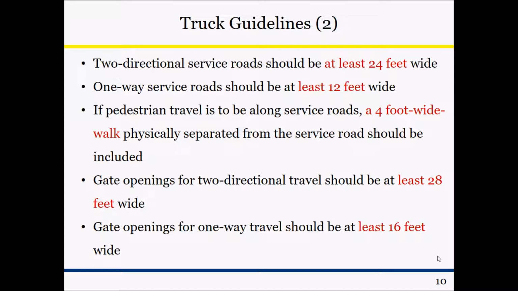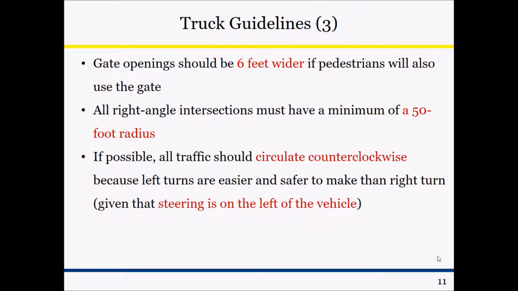And gate openings for two directional travel should be at least 28 feet wide, and gate openings for one way travel should be at least 16 feet wide. And last, a gate opening should be 6 feet wider if pedestrians will also use the gate.